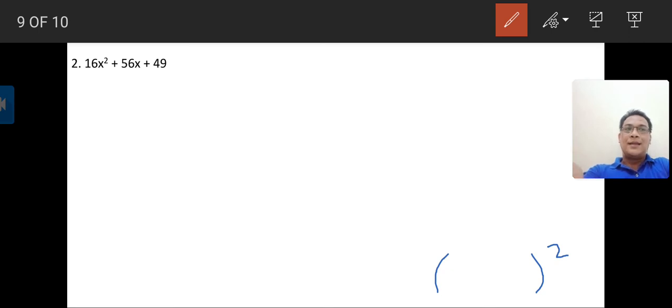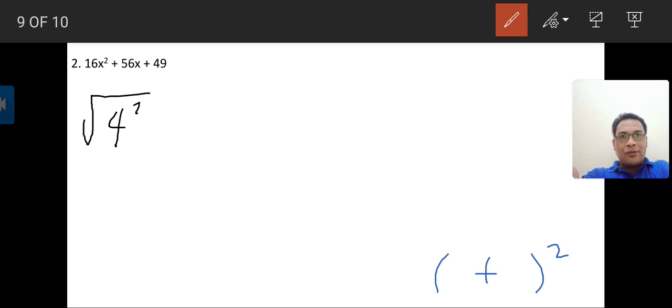Then second step, copy the sign of the second term, so that will be positive. Next step is to get the square root of your first term and your third term. The square root of 16x squared, we all know that 16 can be written as 4 squared.